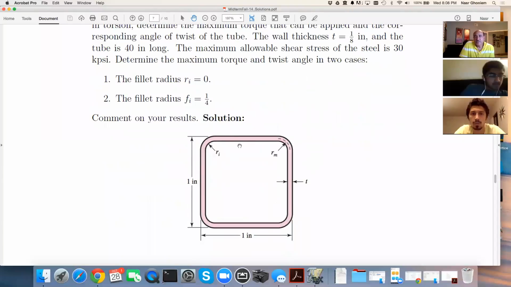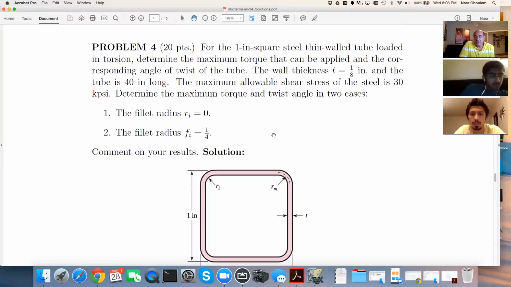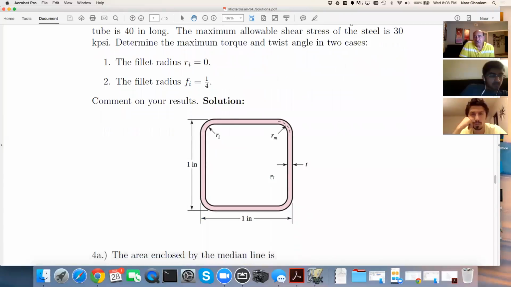So two different cases. So when we do the torsion problem, we have to use the torsion equations that we have for thin walls in this case. So it's a thin wall solution for torsion.